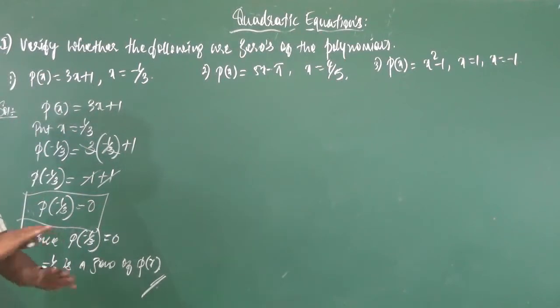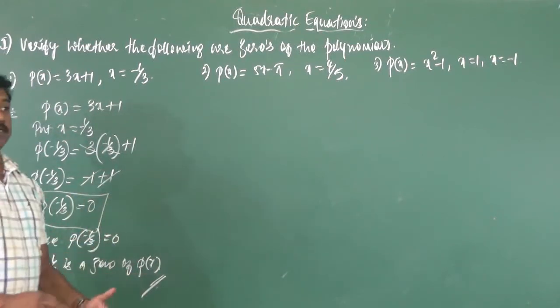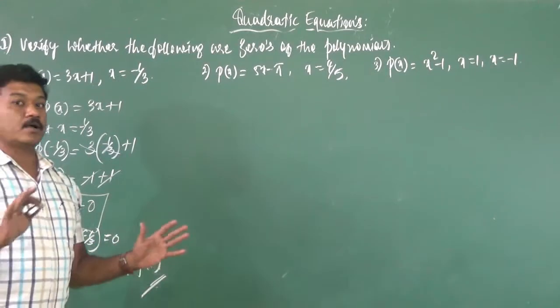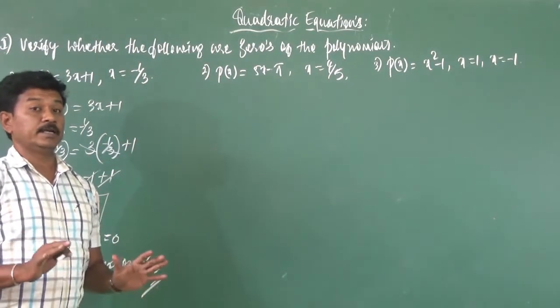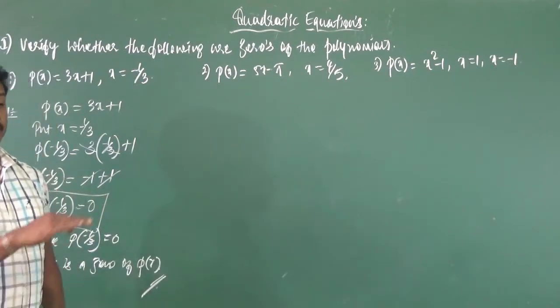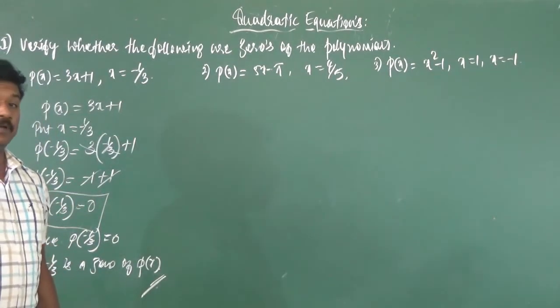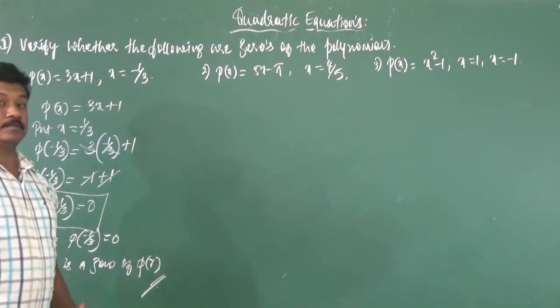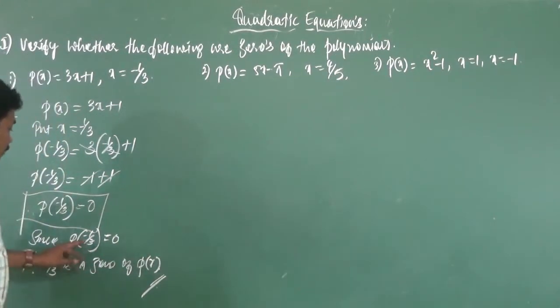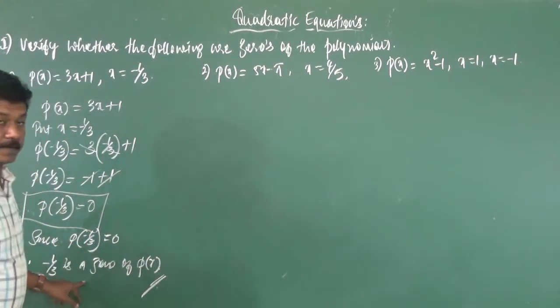If you don't conclude that, that means the student has learned by some rote method, he doesn't know the concept, he has not understood the theory behind this. But when you conclude the problem in a beautiful manner, when you give a good finishing to that, we feel very happy, because you have understood the concept. One who has understood the concept can only conclude the problem in this style, right?